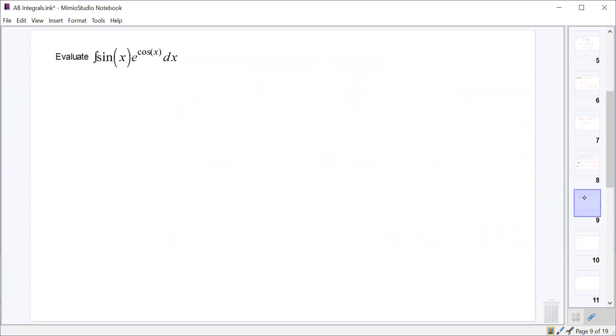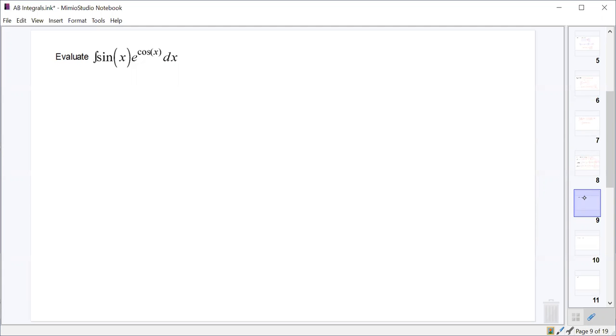All right. So let's take a look at something like sine x times e to the cosine x. And if you were to take out your integral rule sheet and look at it, you would see that there is no rule for this integral. So we're going to have to make some sort of a substitution and turn something into terms of u.